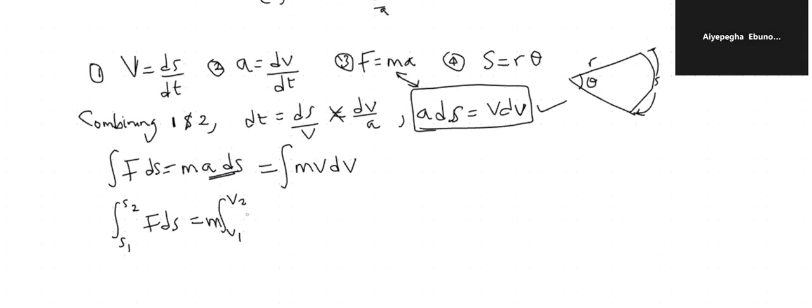By the time you are done integrating, you're going to get half m v2 squared minus half m v1 squared.